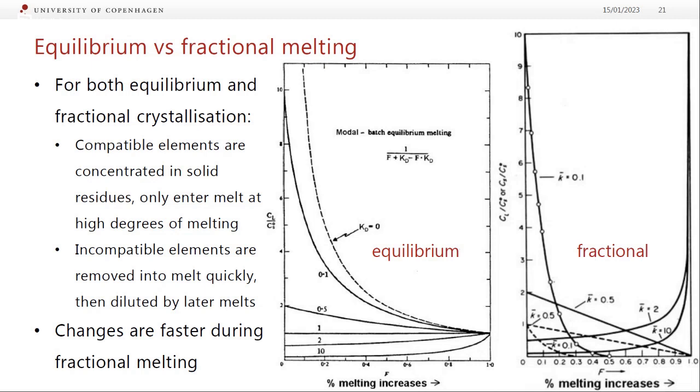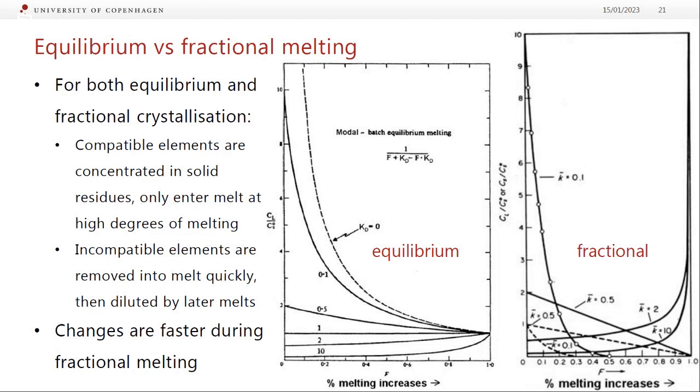Same thing goes for equilibrium and fractional melting. As we melt things, in either case, compatible elements get concentrated in the solids, and so they're quite low in the liquids until we get to very, very high degrees of melting.